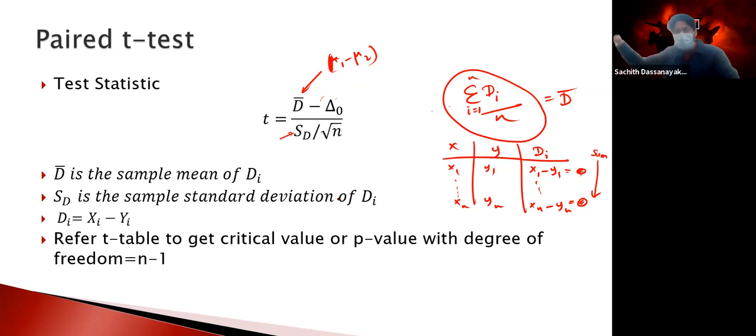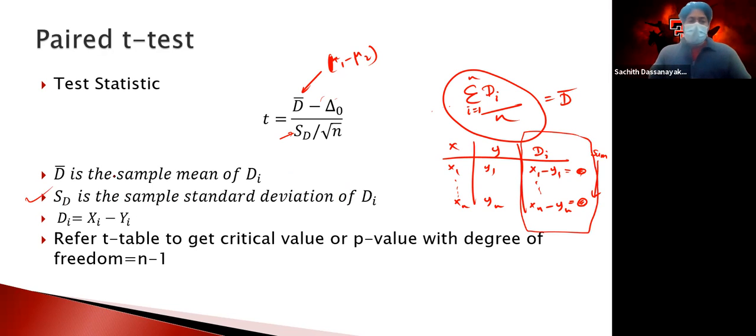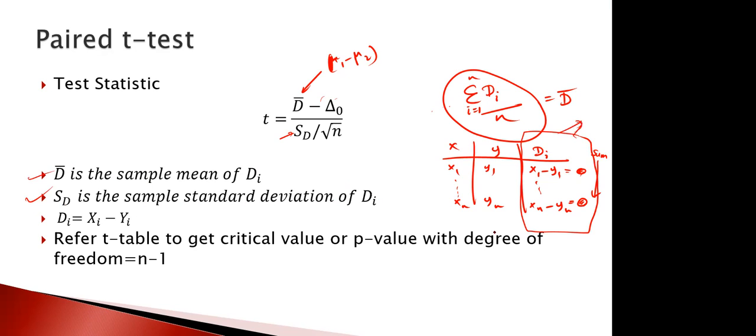You have to use the same equation to calculate your SD. It is the sample standard deviation based on this column. So d bar is the sample mean of di, and SD is also based on this column.